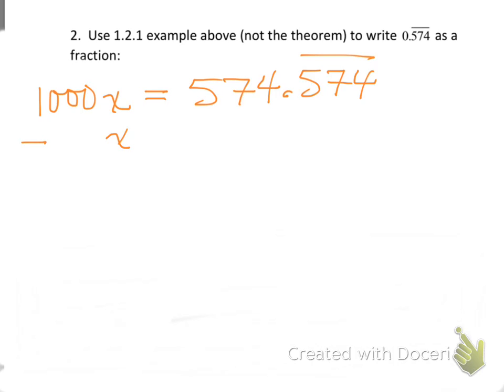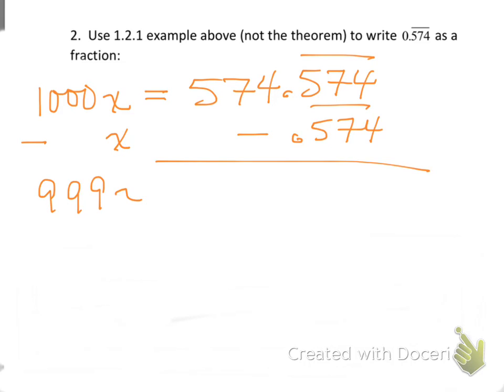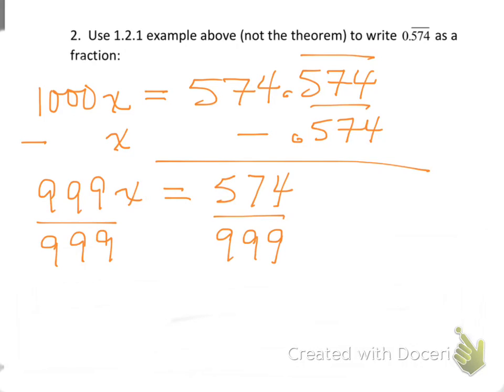So I'm going to subtract away the x, and that subtracts away the 0.574 bar notation. When I do the subtraction on the left, I get 999x, and on the right, I get a whole number. Divide by 999 on both sides, and I get an expression for x, which was 0.574 bar notation, as a fraction, and that fraction cannot be simplified. If it could, I would go ahead and do it. So that's our answer there.